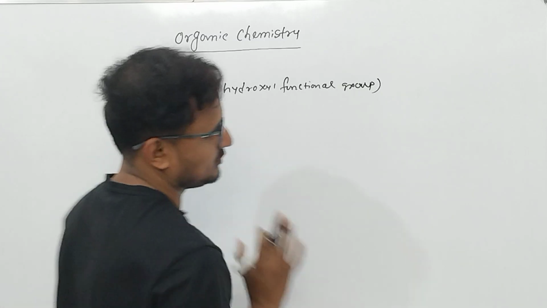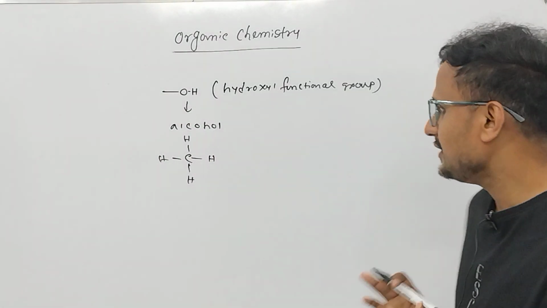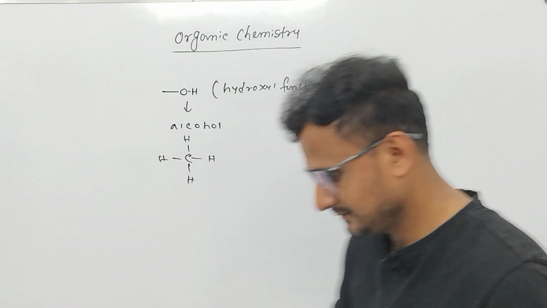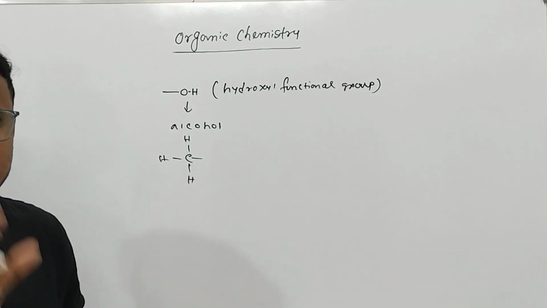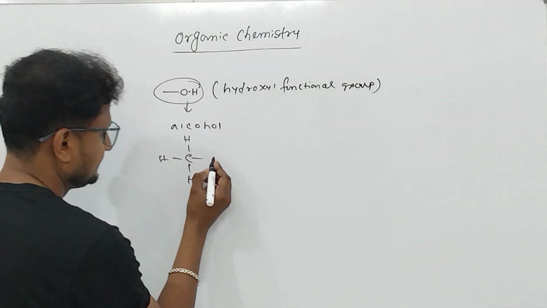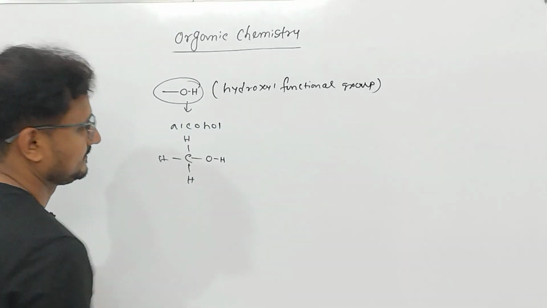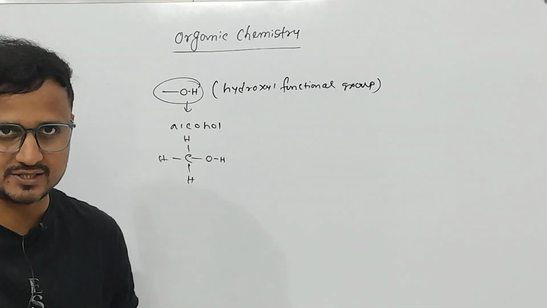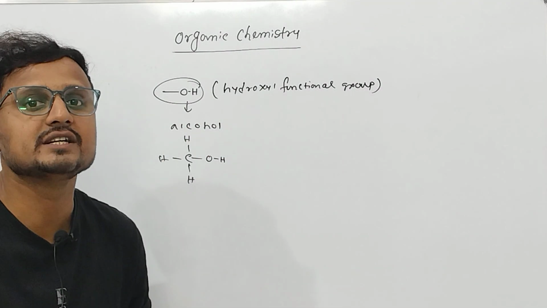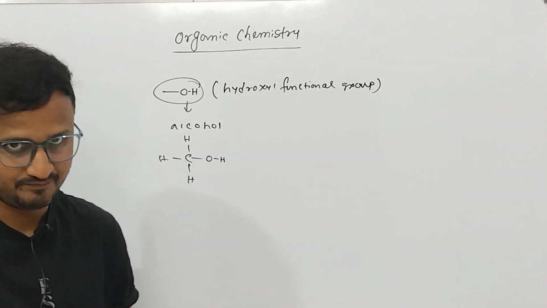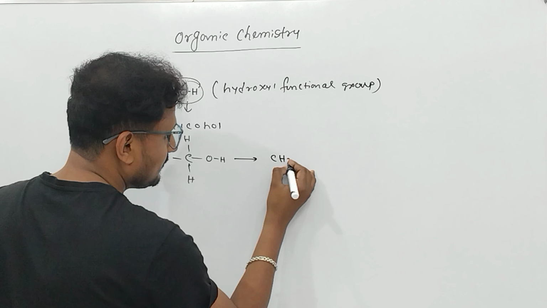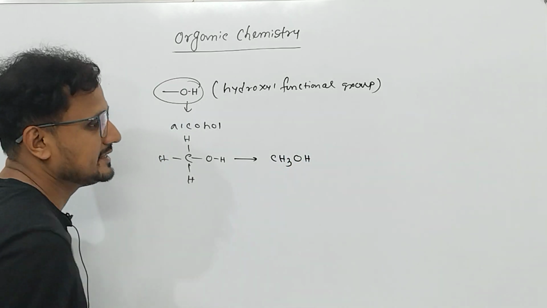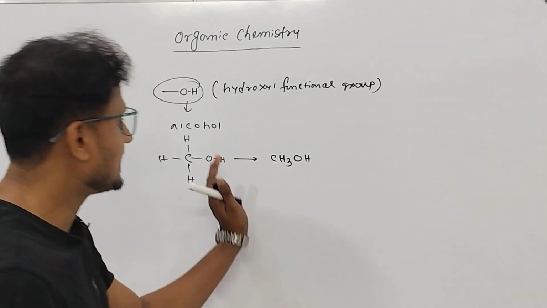Now if you remove this hydrogen and attach this OH here, the compound you have got has an alcoholic nature, so it is alcohol. What is the formula of the compound? You can write it like this: CH3OH. This compound has a common name.